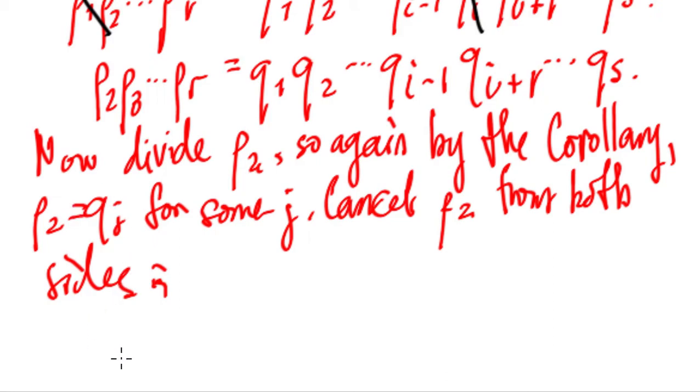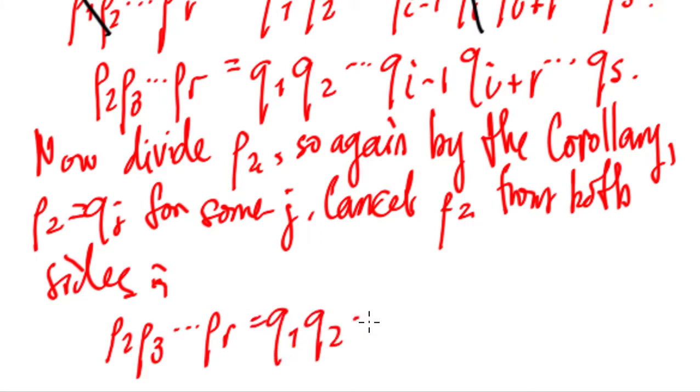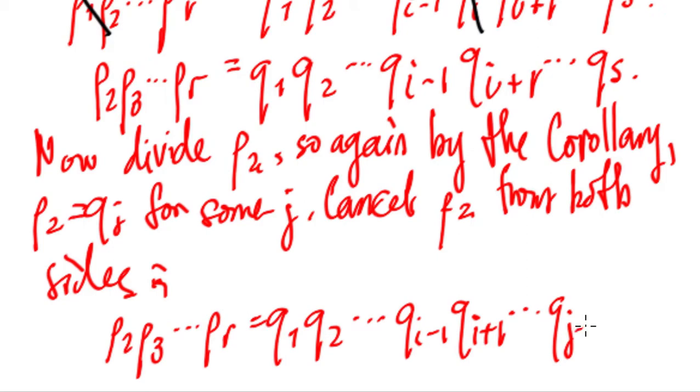We have p sub 3, up until p sub r is equal to q sub 1, q sub 2, until q sub i minus 1 times q sub i plus 1, and then some q sub j minus 1, and we'll have a q sub j, and then a q sub j plus 1 up until q sub s.